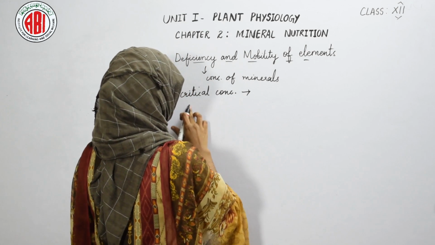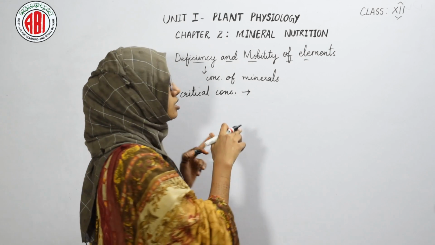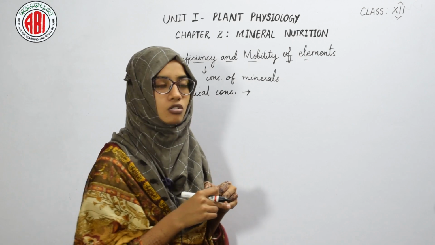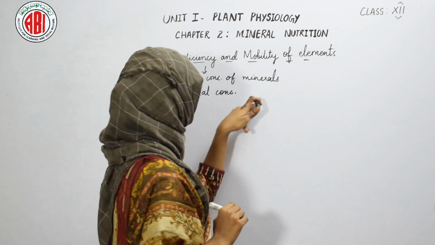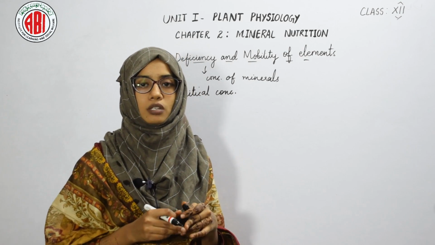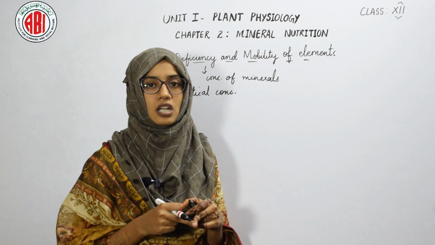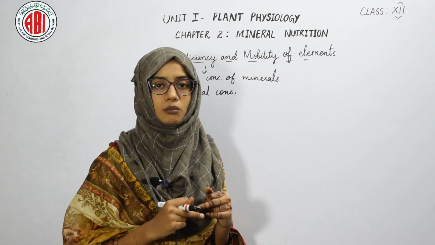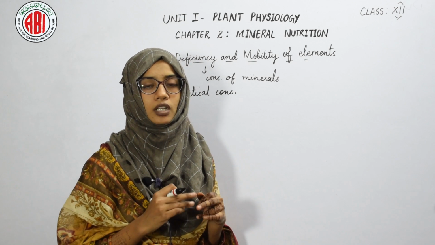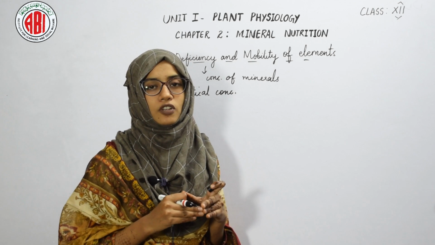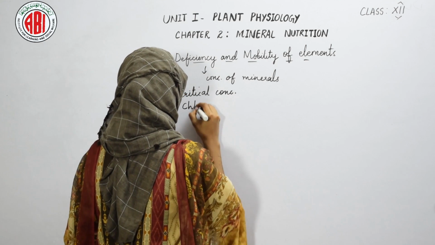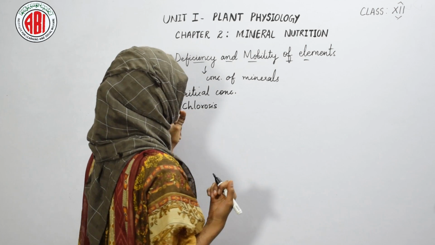So based on the critical concentration, the deficiency symptoms appear in the plant body due to the deficiency of different elements or minerals. Now, while studying the different deficiency symptoms of different elements, we have seen that chlorosis is a deficiency symptom that can be observed in almost all the minerals. In this symptom, chlorosis, we can see the yellowing of leaves.